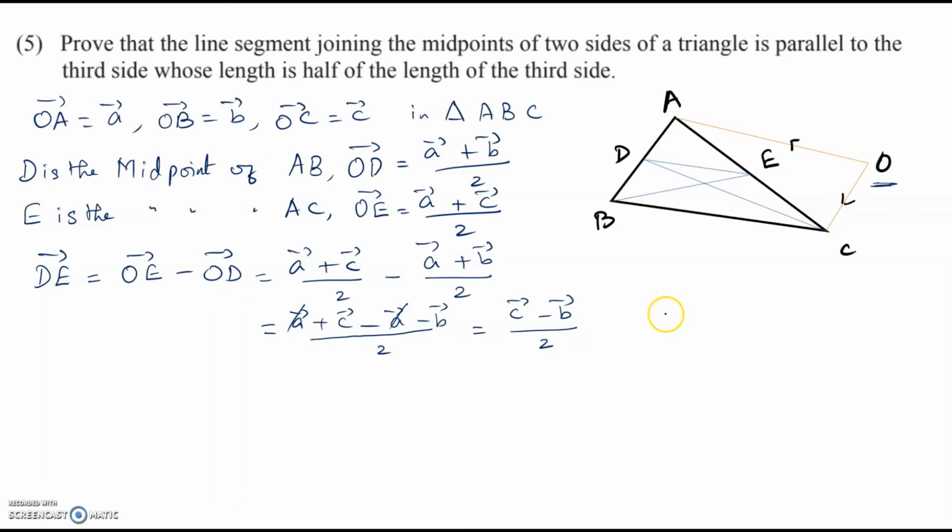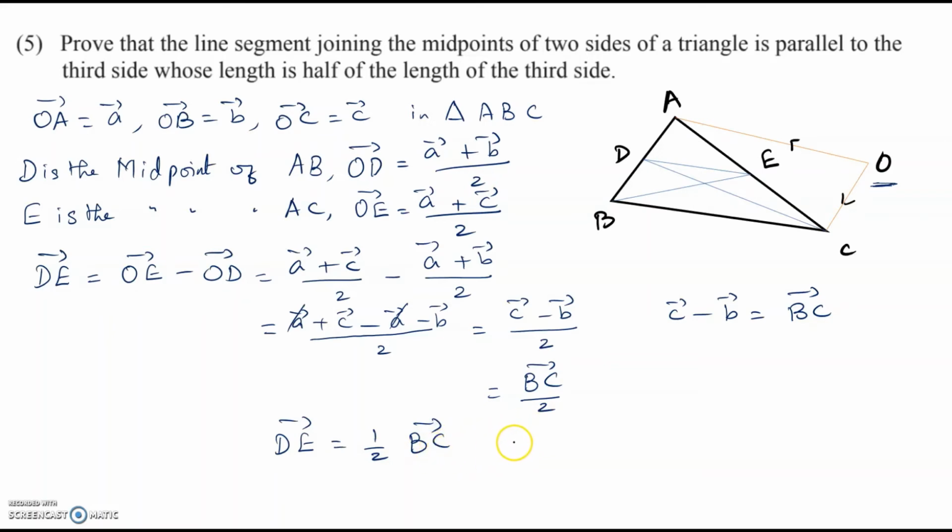And we can see that vector C minus vector B is equal to BC vector. BC vector can be defined as vector C minus vector B. Minus vector B plus C will give you BC vector. So substituting, we can call this BC vector by 2. So we can define our DE vector as half of BC vector.